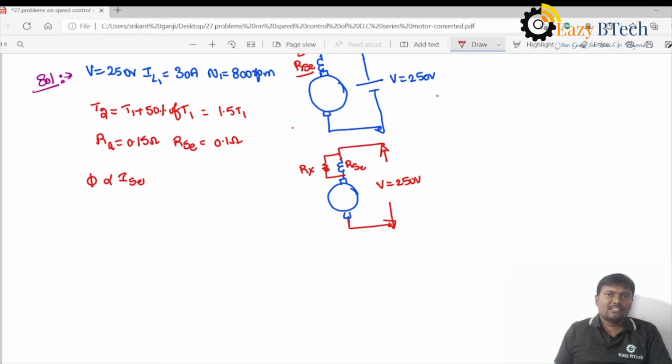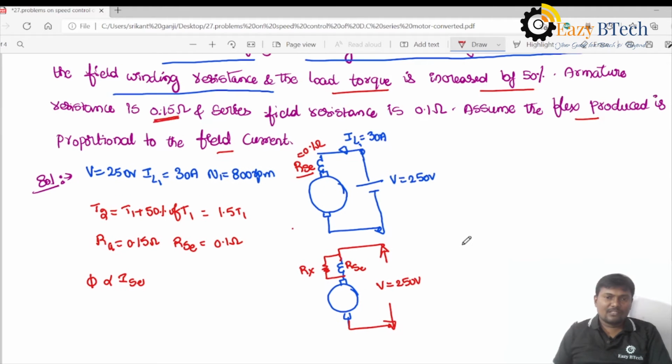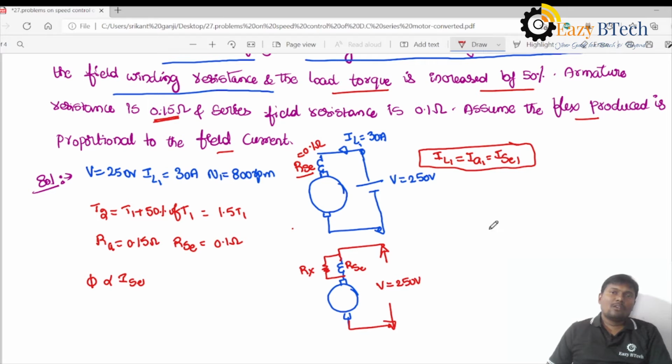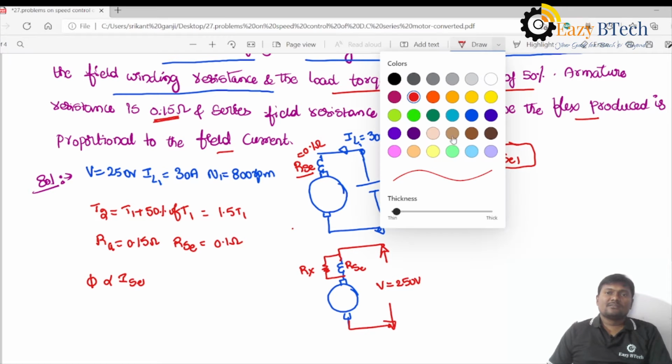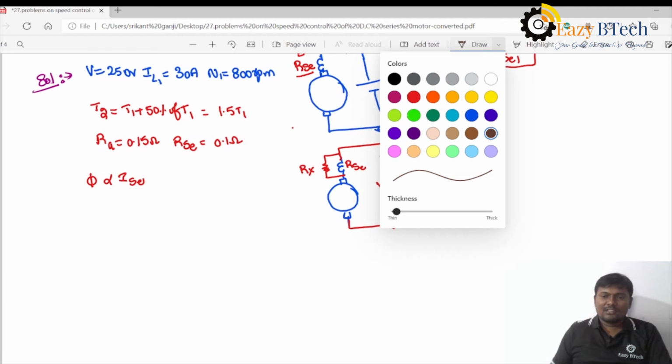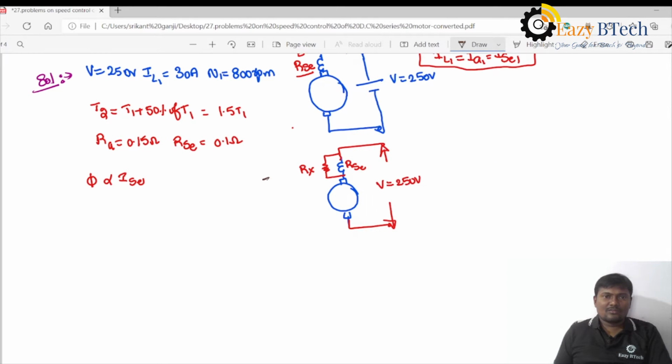So in the first case, without this Rx, IL1 is equal to IA1 is equal to ISC1. Once it is shunted with an Rx, the Rx value is also 0.1 ohms, and this RSC is also 0.1 ohms.